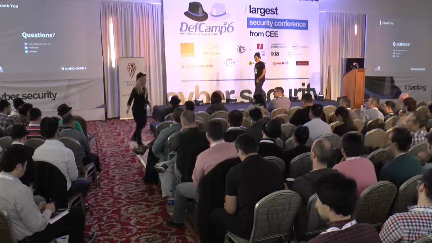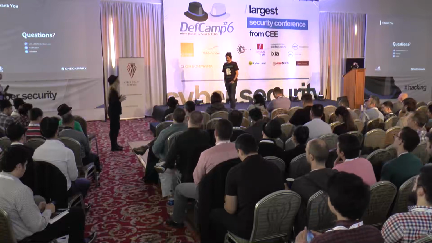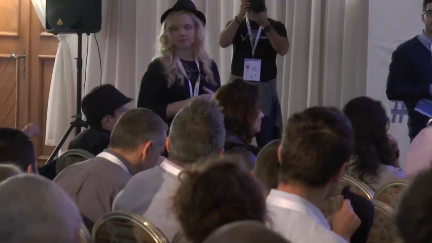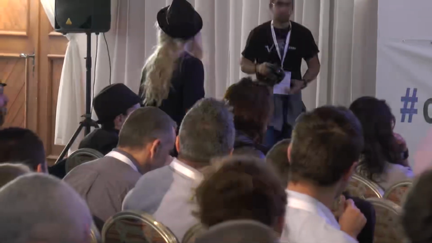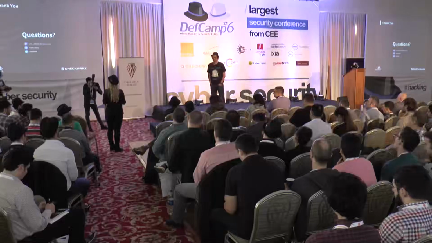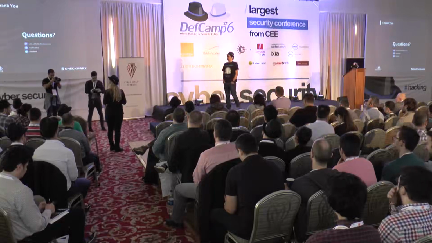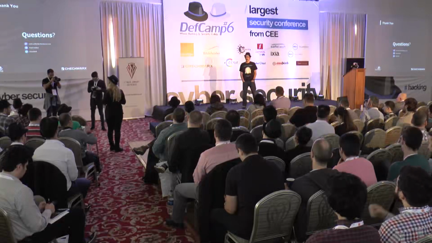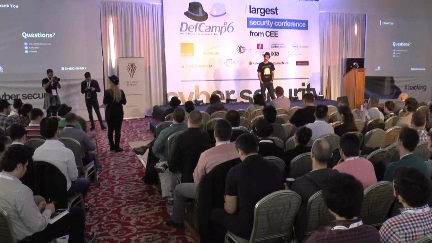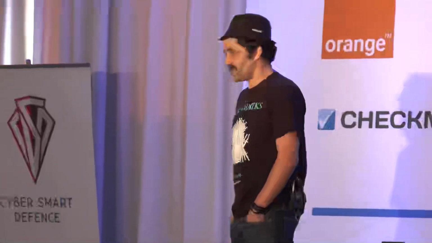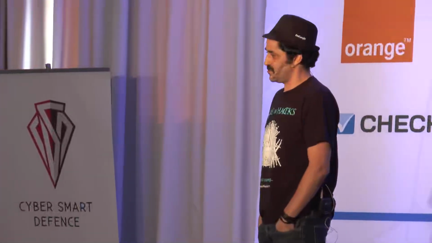Is there any way to do a distributed denial of service attack directly from the Chrome DevTools, for example? Sorry? Directly from the Chrome DevTools console. It's a good question. I'm not sure. I must admit I don't know the answer. I'm not a security coder, so I can check that and get back to you.